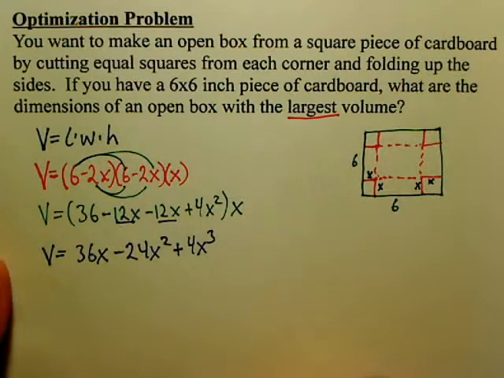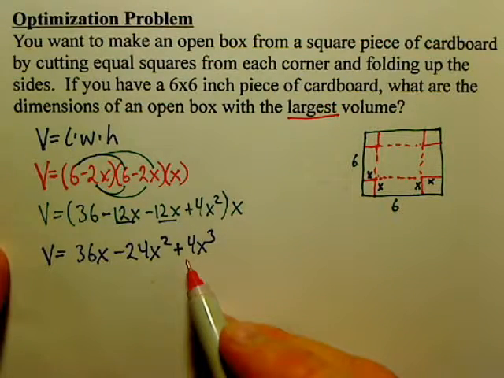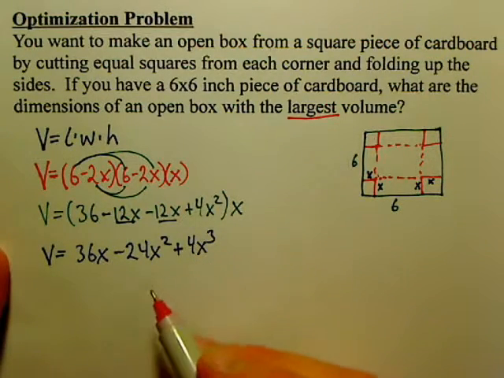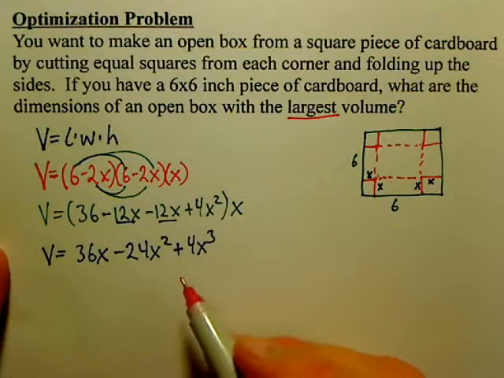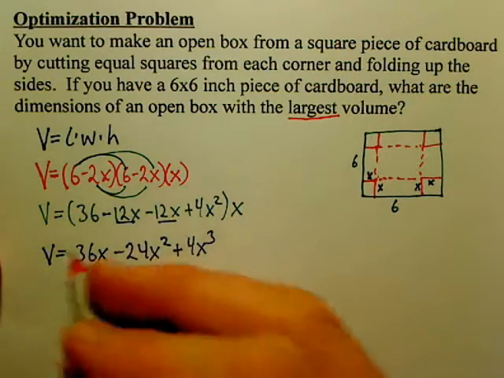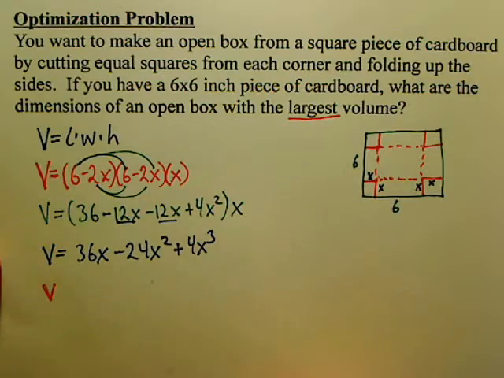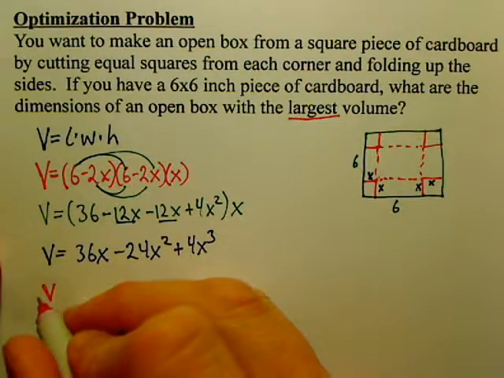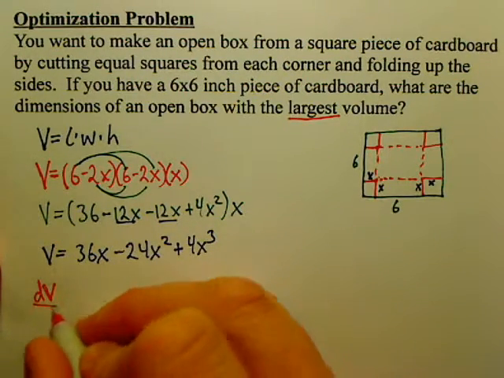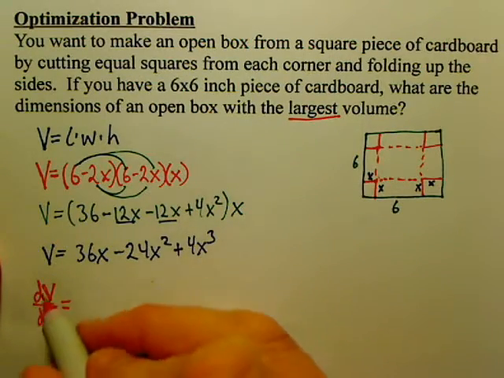Alright, now I want to take the derivative, or differentiate this, so that I can find the relative max. This is mins, absolute max and mins in the end. So the derivative of V with respect to x, you could write it as dV/dx, you could also write V prime if you want.